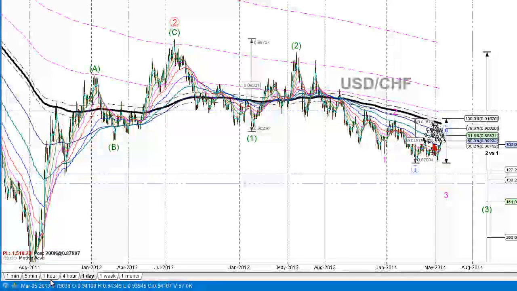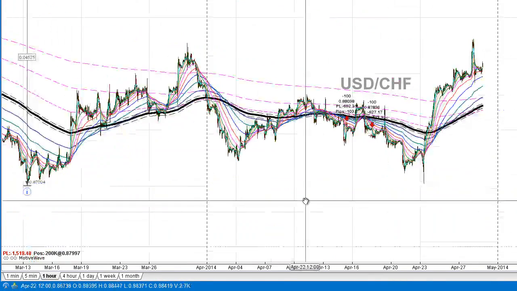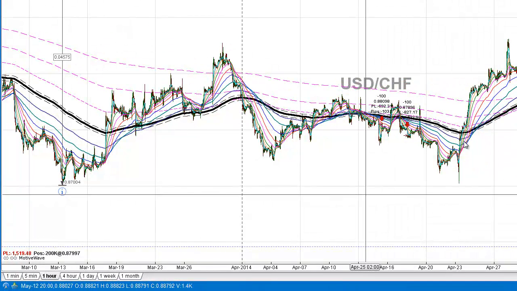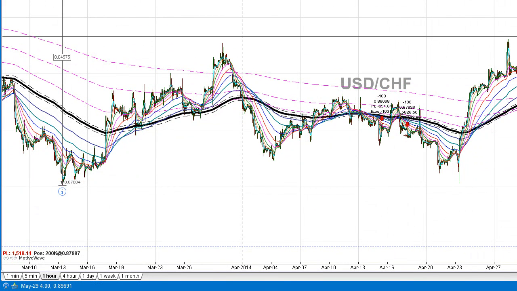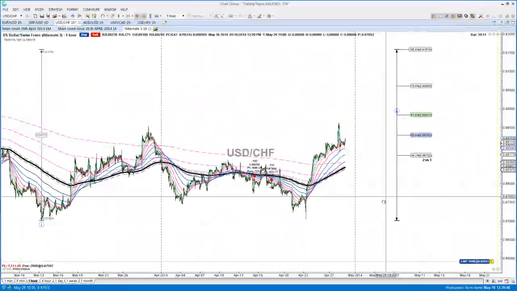So if I take that down to the 1-hour chart, you can probably see that we have, if the chart opens up, yeah, the chart has opened up now. We're looking probably for that wave 2 then to come into play there, and take it at the 61.8 and retrace down and move further down.